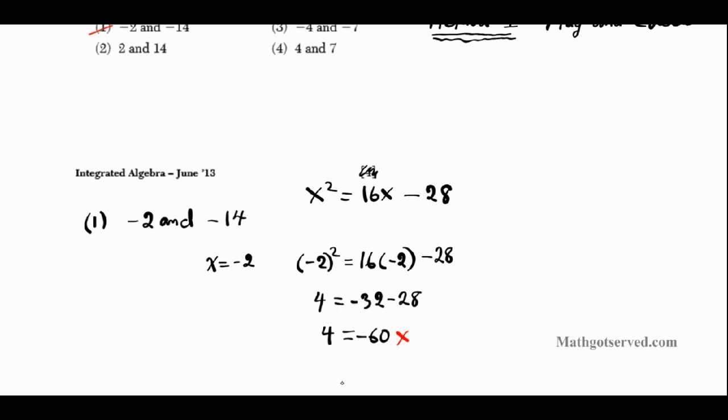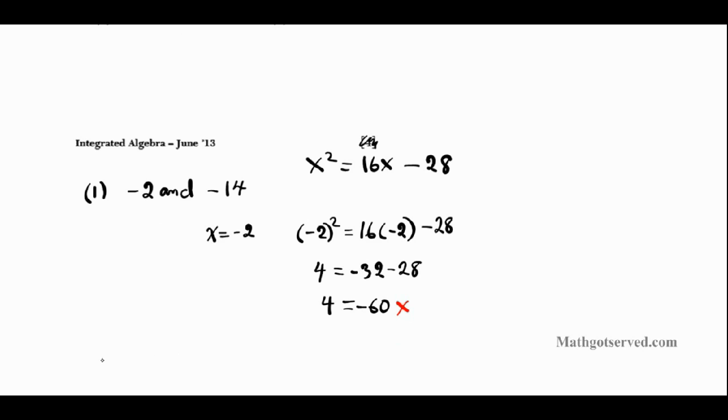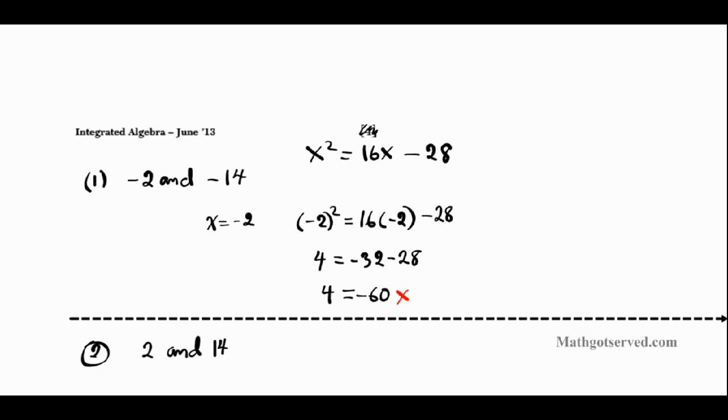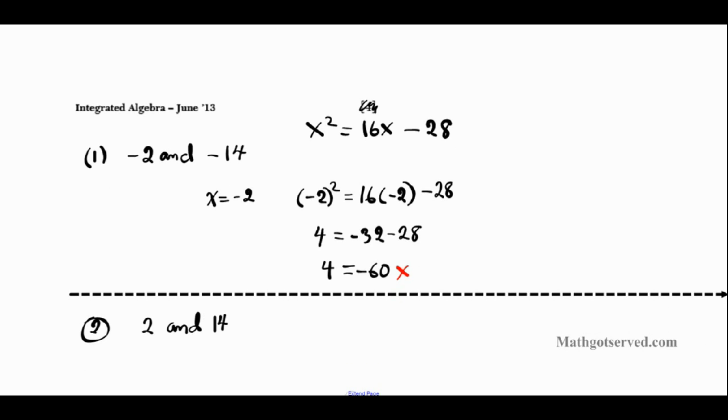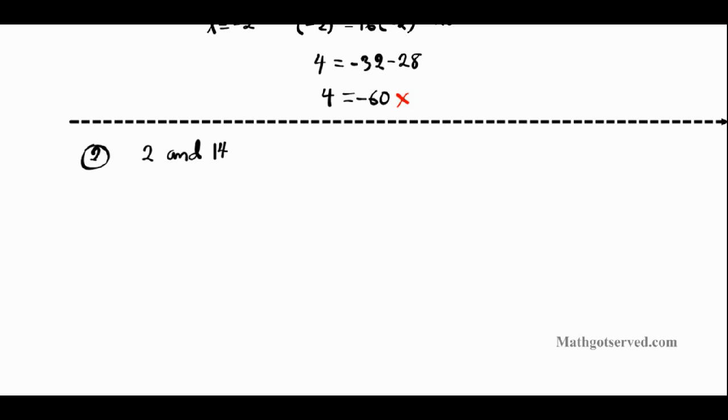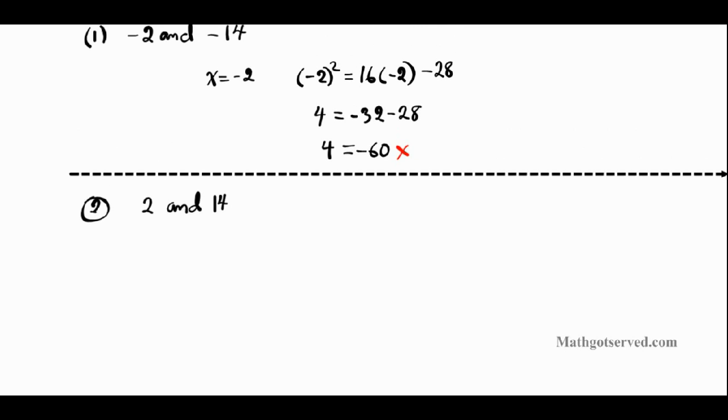All right. So we're going to shift to option number 2, and we're going to test 2 and 14. Okay, 2 and 14. Let me partition my workspace so we don't get confused. All right, so we're going to test both of them into the same function. So let's see. The question is, scroll this up a little bit so I can see the function.